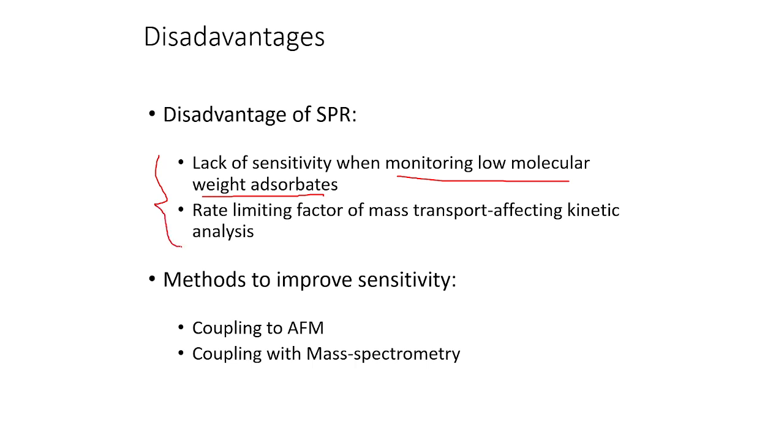One is the sensitivity, which increases when you are coupling it, and which you are facing when you are monitoring low molecular weight adsorbates, and the other one is the rate limiting factor. That can also be improved when you use a different kind of measurement technique.